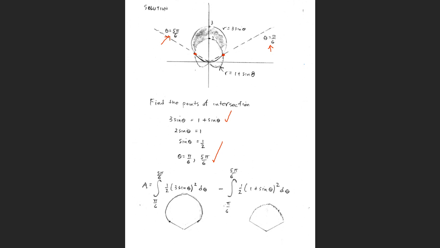In other words, the sine of 30 degrees is equal to a half, and the sine of 150 degrees is equal to a half. So that's trigonometry.